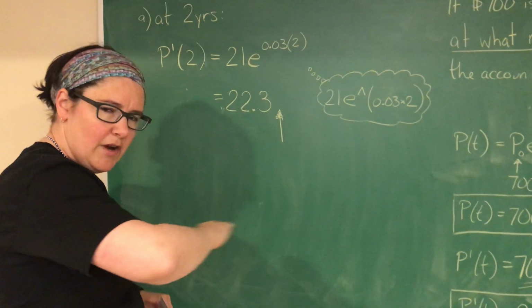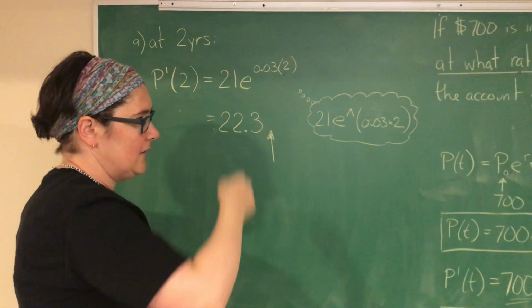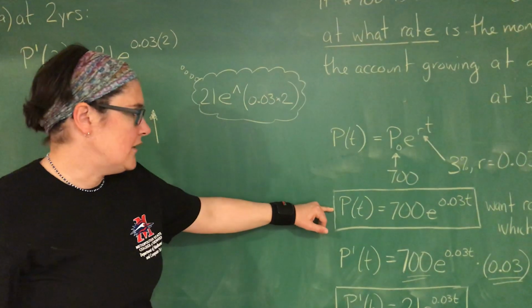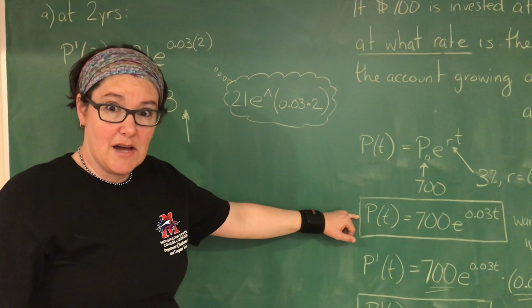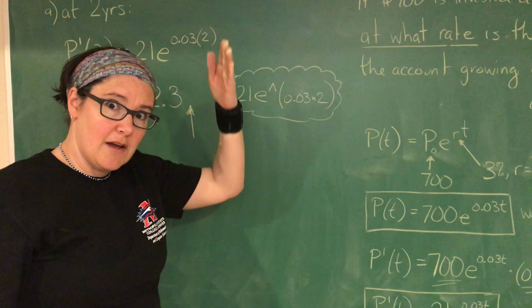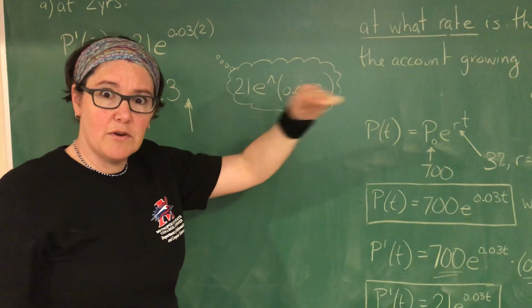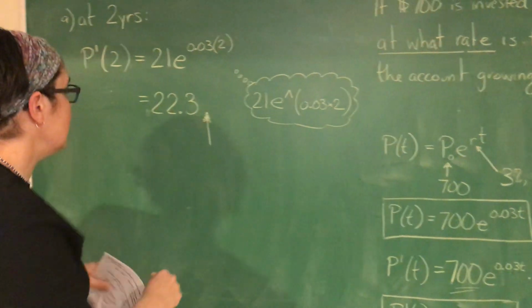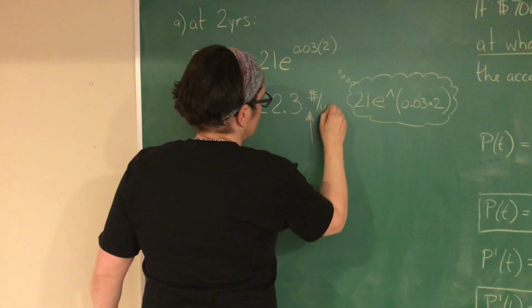And so that's our run part, is years. And the rise part is our function that we're measuring, how much money, and we're measuring money in dollars. So our rise over our run, the rise is dollars, and the run is years. So our label on this is $22.3 per year.